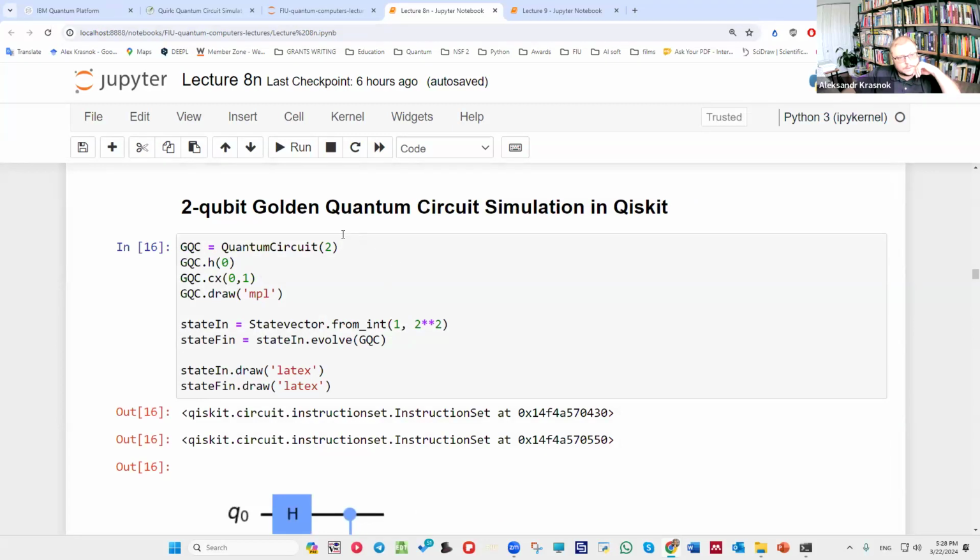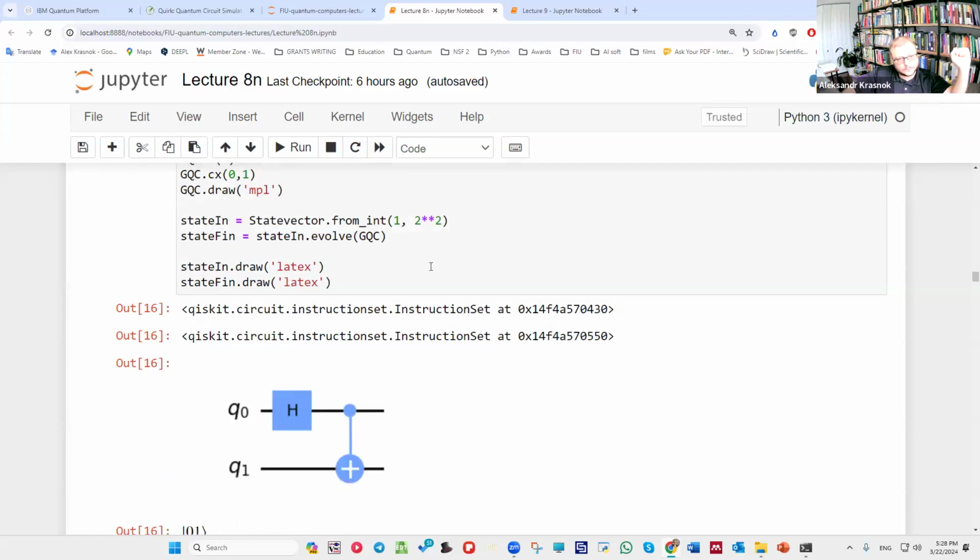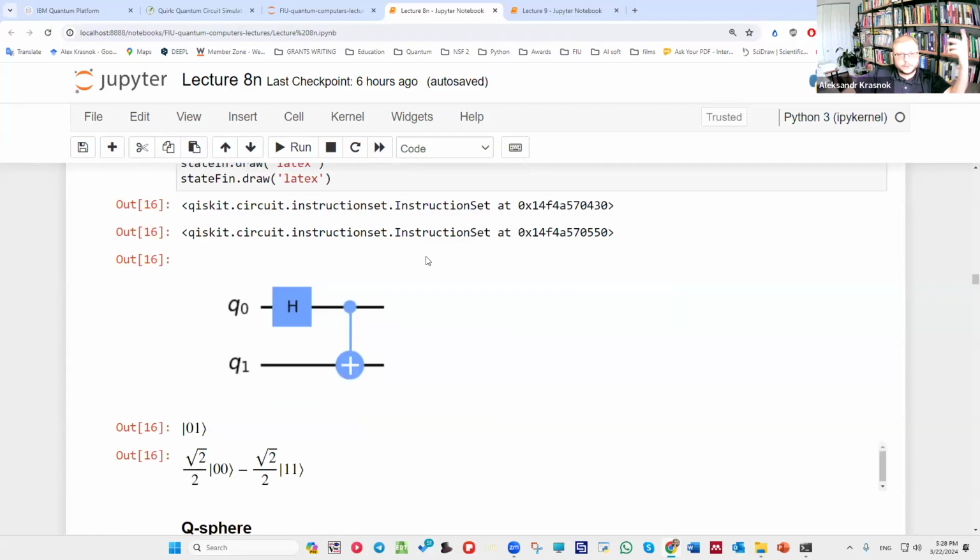So an important type of circuit that we discussed first was the 2-qubit golden quantum circuit, which we introduced even before, but last time we discussed in more detail how it works and why we need such a type of circuit.